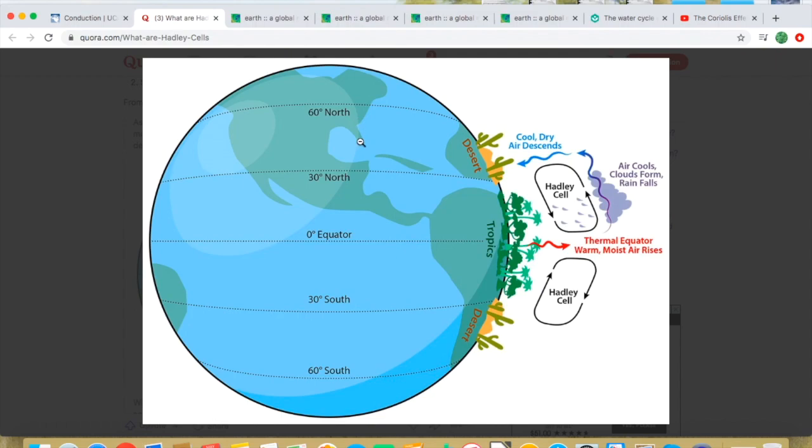An outcome of that, we see right here. This involves convection and the sun's energy and the specific location of where the most sun's energy is hitting the Earth at any one time. In general, at the tropics, we have the highest amount of sun's energy per unit area striking the Earth.